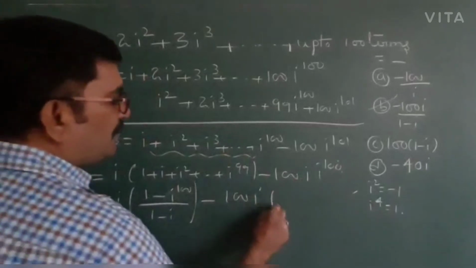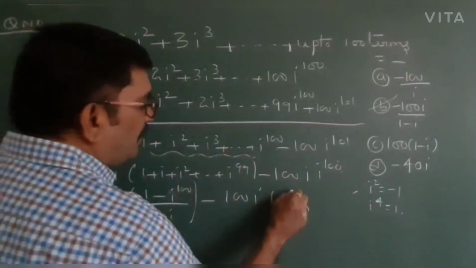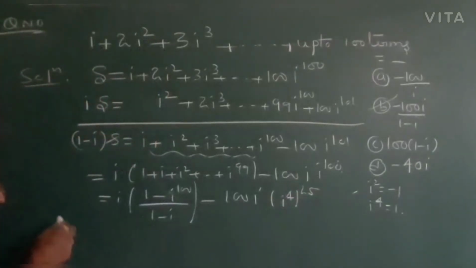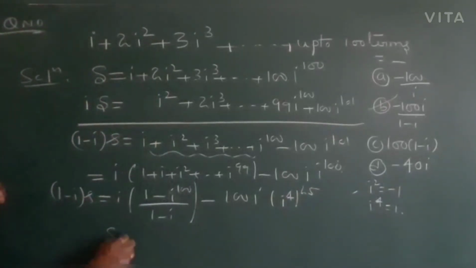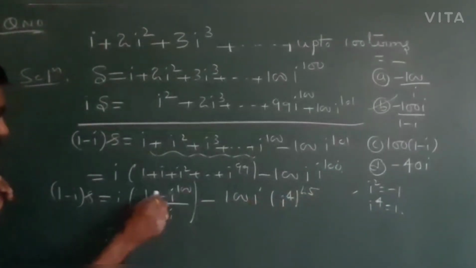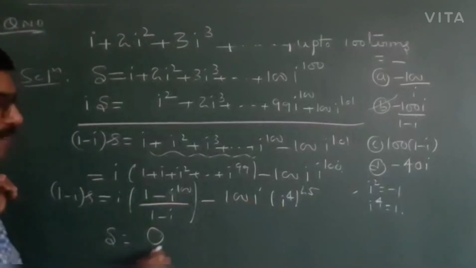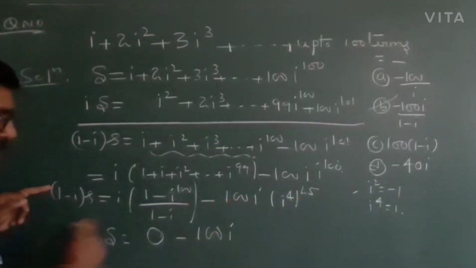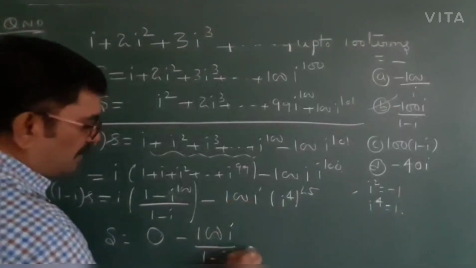Why? Because i power 100 is i power 4 to the 25, which is 1. So 1 minus 1 becomes 0, and the total value of the GP is 0. Therefore S becomes 100i upon (1 minus i) by cross multiplying, that's the answer.